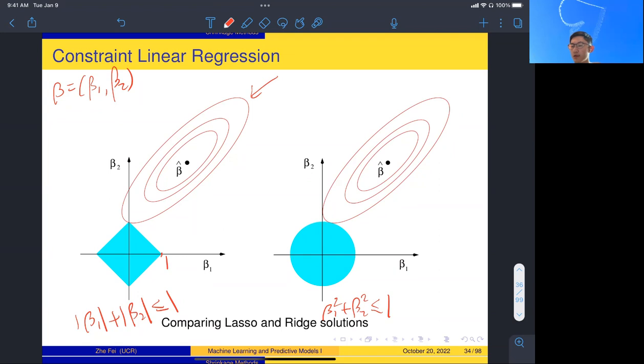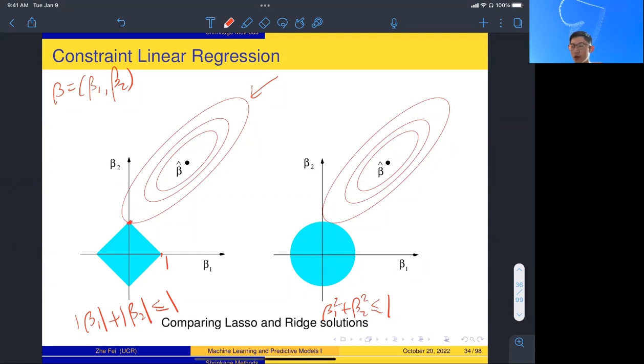The idea is that given this blue constraint, we want to find the value that minimizes the loss, and that would be the intersection here.